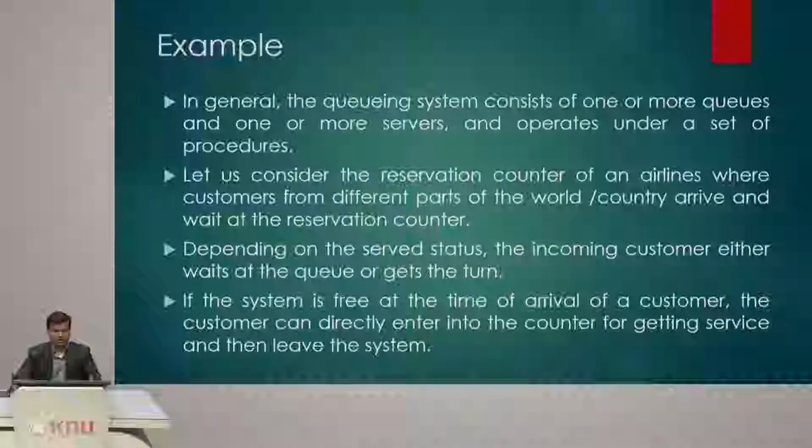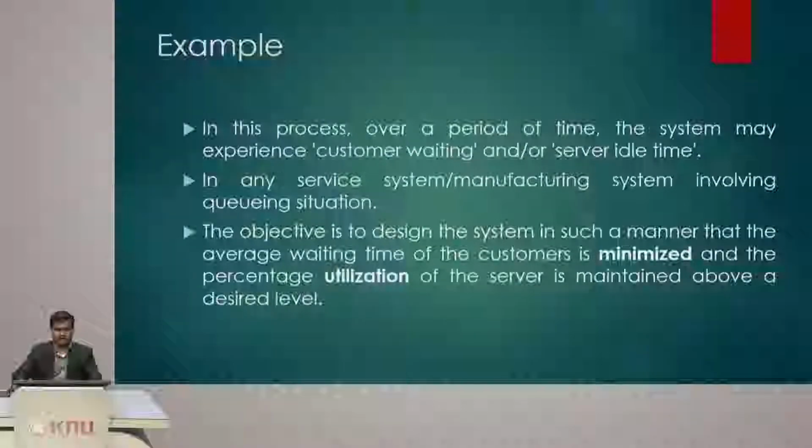So this one cashier point where you have to pay for what you have bought is considered as one service facility or one counter or one server. So in this process, over a period of time, the system may experience customers waiting and or server idle time.